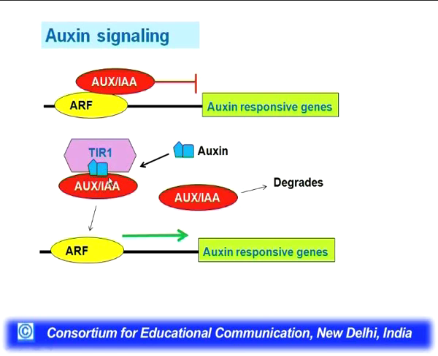When this binds, this TIR1 can lead to degradation of AUX/IAA. This is a protein which can ubiquitinate. Some of the students may know that there are several pathways by which proteins undergo degradation. One of the pathways is called ubiquitination and proteasomal degradation.